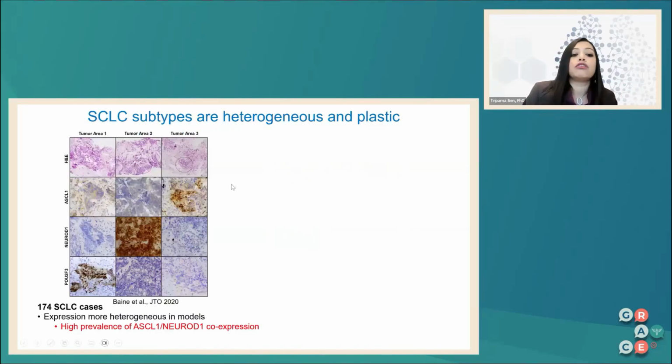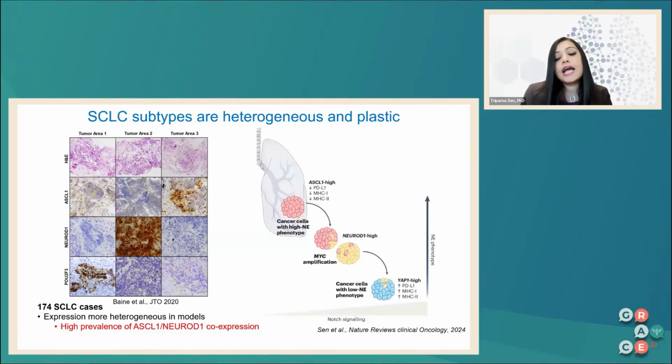This was very nicely shown by one of the studies that we published, led by Natasha Rekhtman and Marina Baine, where within the same tumor in one patient, you could see multiple of these transcription factors being expressed. It shows plasticity, which is also expedited with therapy.